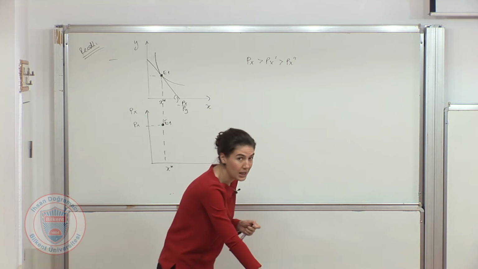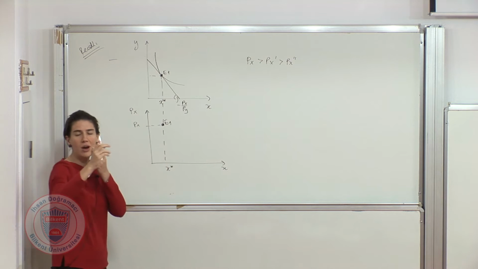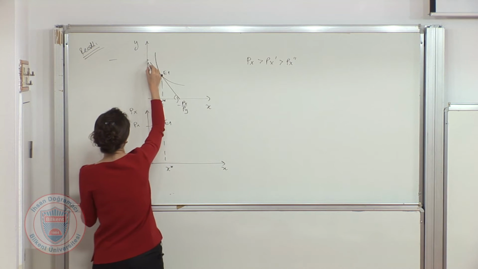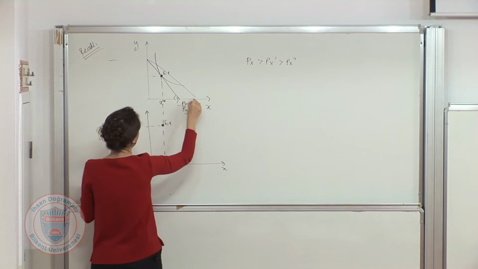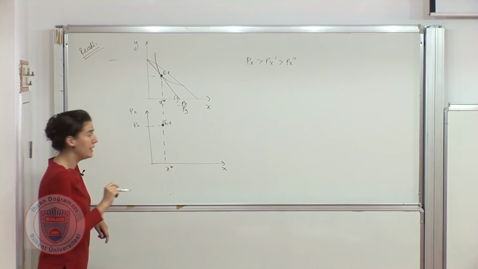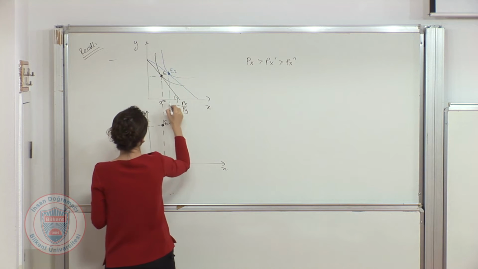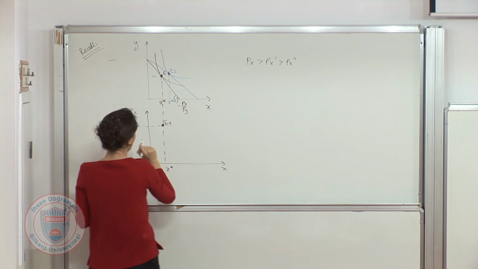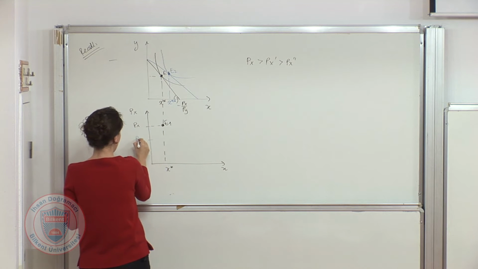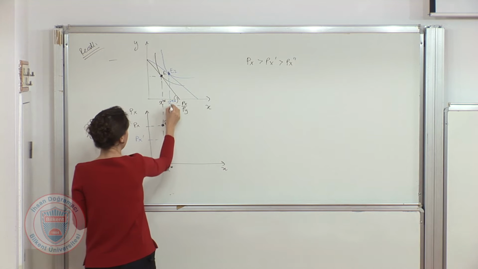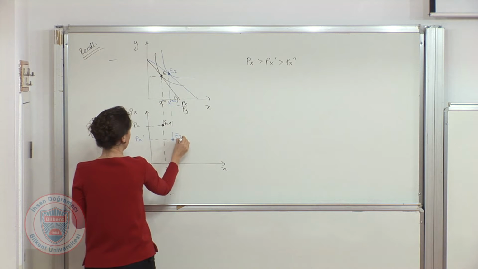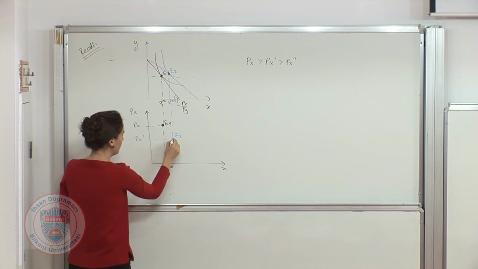Then we said let's decrease this price. You told me that it's going to tilt our budget constraint like this, and then we look for the new optimal point. Let's call this E2, X double star. When price is Px prime, E2 is the optimal point.